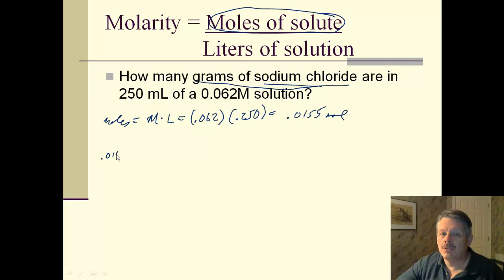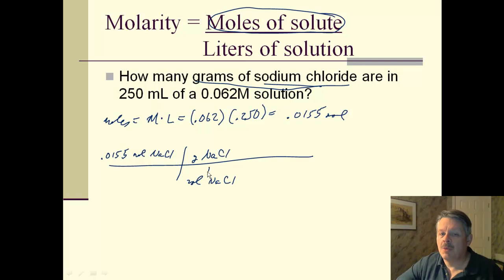So 0.0155 moles of NaCl, and I have to get rid of moles of NaCl and go to grams of NaCl. And by now I should be able to figure out that 1 mole of NaCl is 58.443 grams. And this will give me 0.91 grams of NaCl.